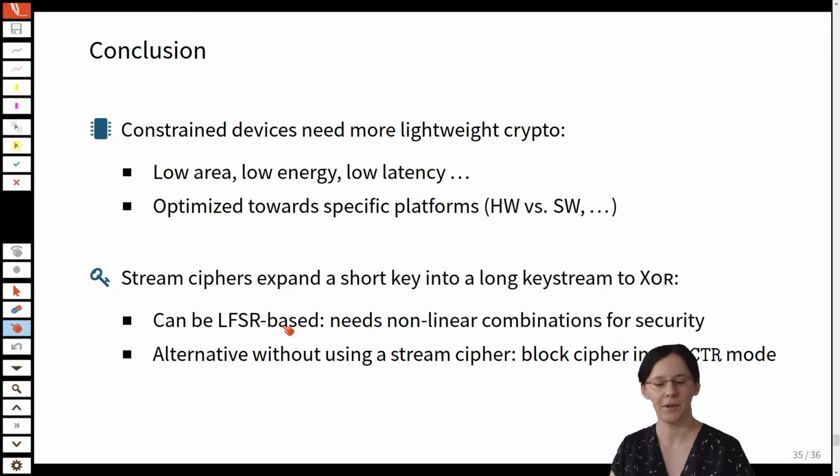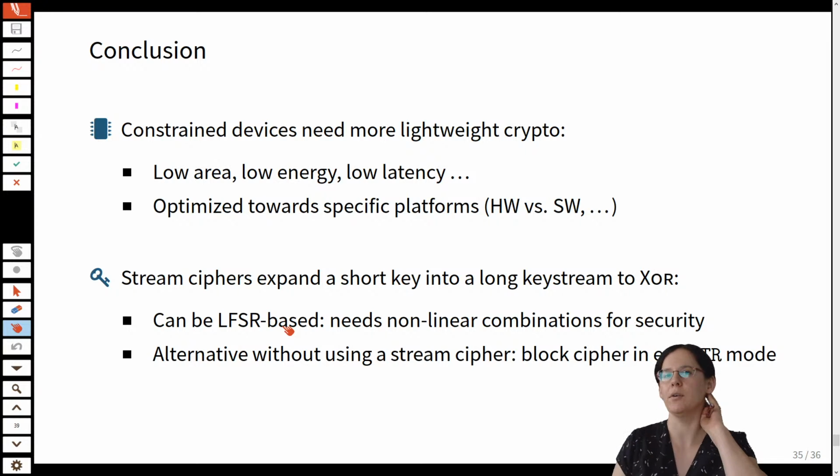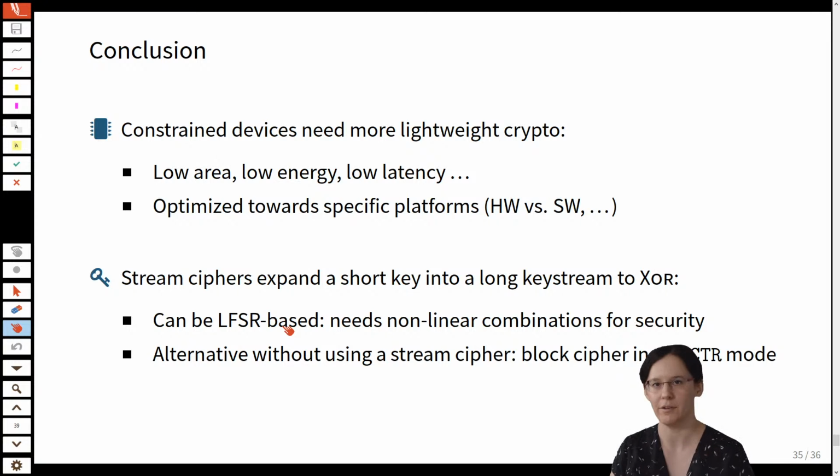So in particular, we had a look at Cha-Cha, which looks a bit like counter mode. And if you use something like AES in counter mode, you also get a stream cipher. You don't get one that's particularly well suited for hardware because you're still running the AES, but it's an interesting construction nevertheless.